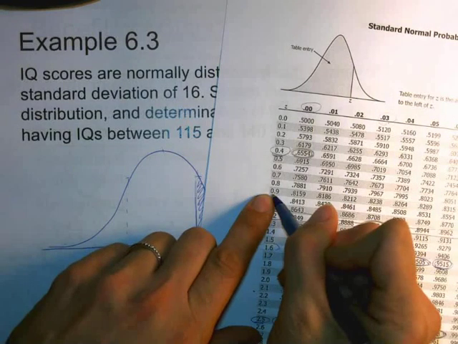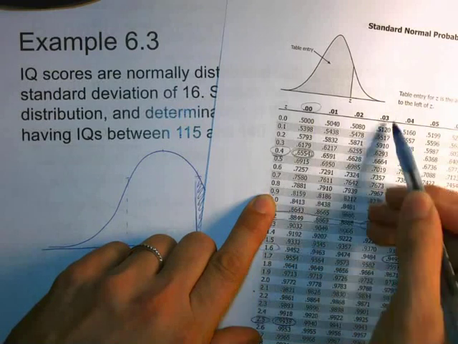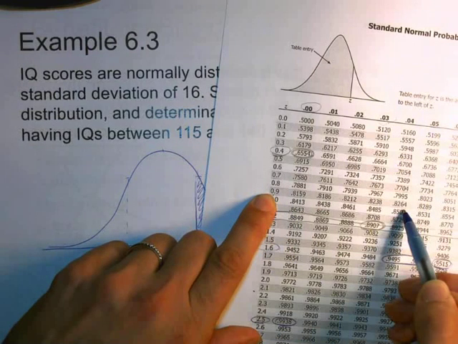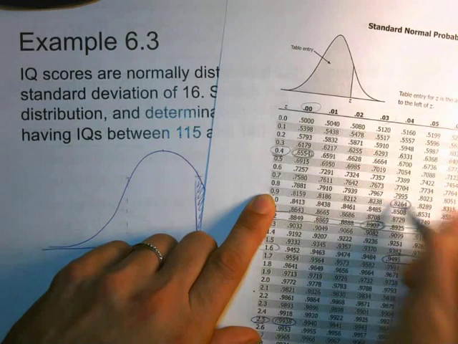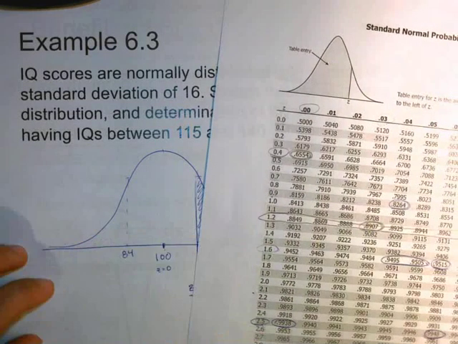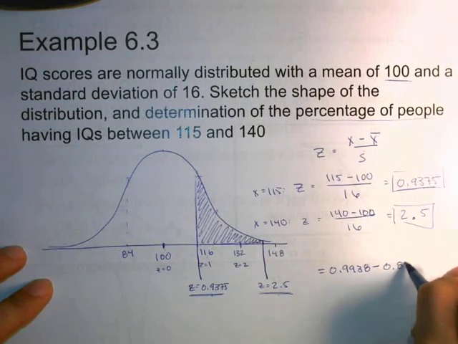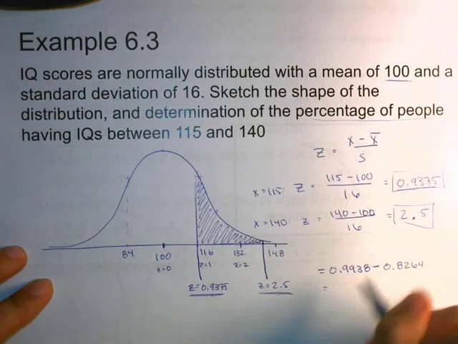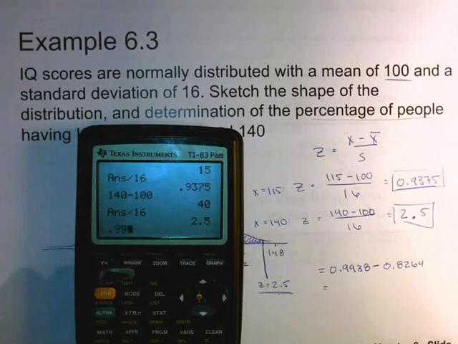So minus the z-score of 0.9375, 0.9, and I'm looking for 375, which will round. I only have 2 decimal places here, so I'll go ahead and round that to 0.94, and we will look 0.94, that's 0.8264.